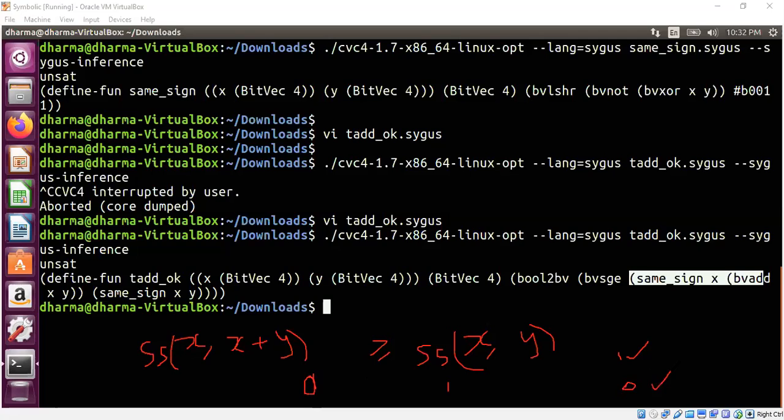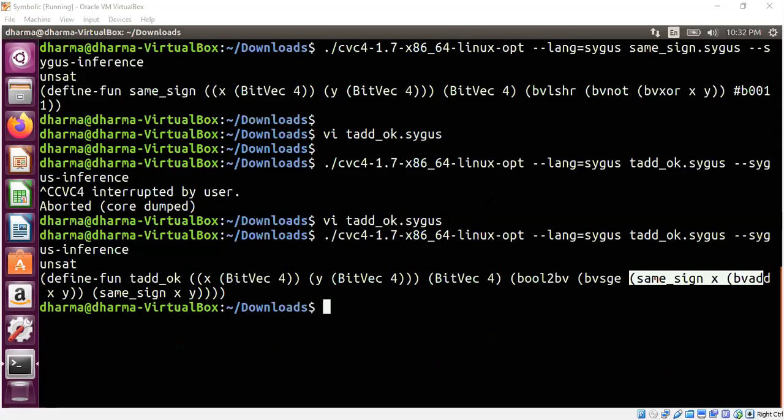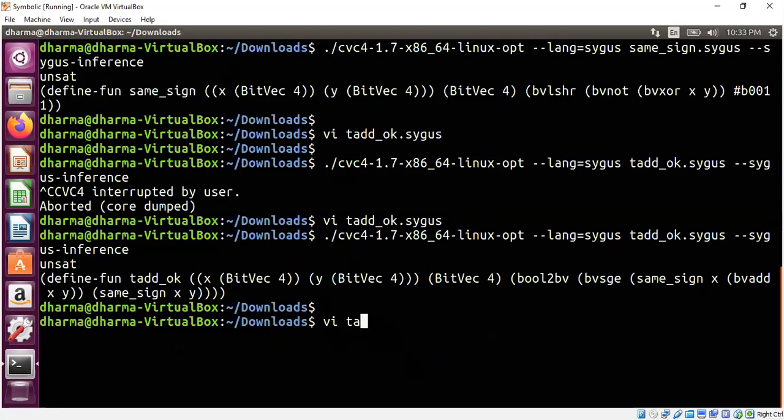Okay, so there you go. So this program, you can try other combinations yourself. It will help us to detect whether two numbers can be added safely or not. So that's basically the idea. So let me quickly go to the program, the code, and I will explain the grammar a little bit.